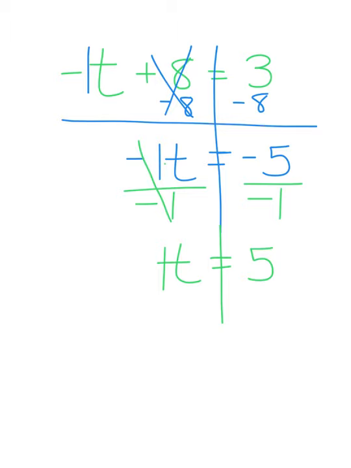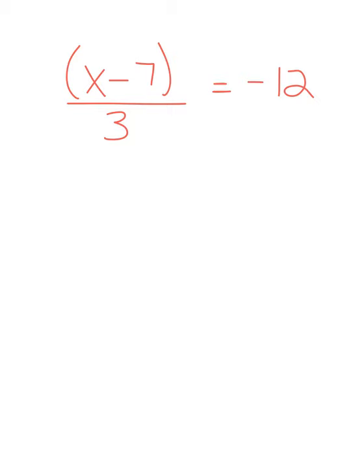We have one last example. And this example is going to start out, we've got parentheses in the top. It's x minus 7, close parentheses, but a big fraction bar divided by 3. And this equals a negative 12. Let's go through our steps.